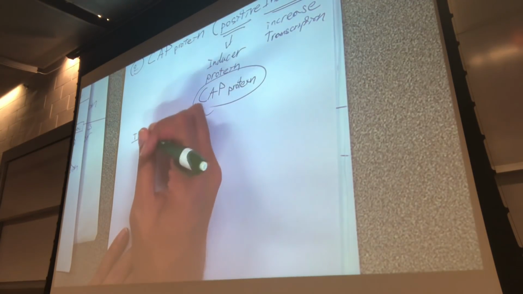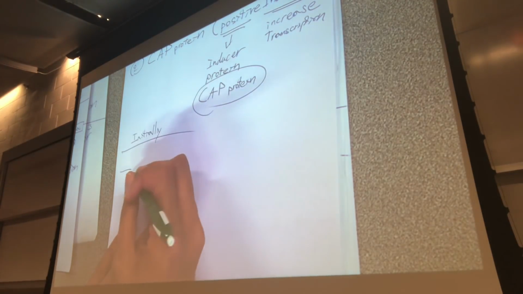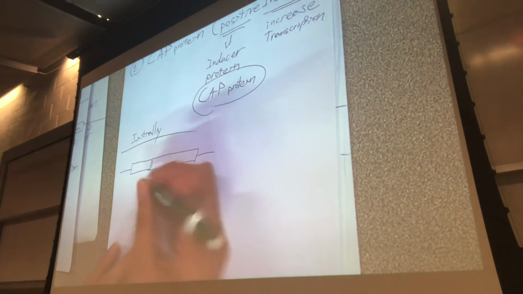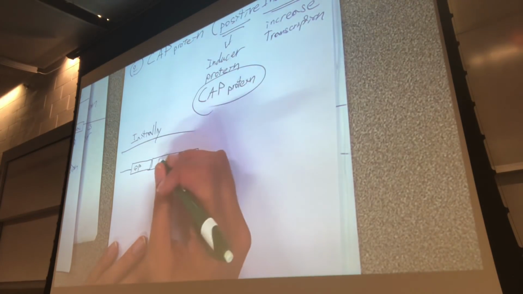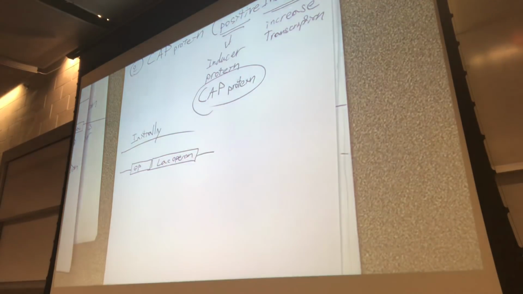So, initially, after part 1, here's what we have. Our free operator and the Lac Operon, which are all the genes of the Lac Operon there. Okay, it's open, you've removed the repressor.